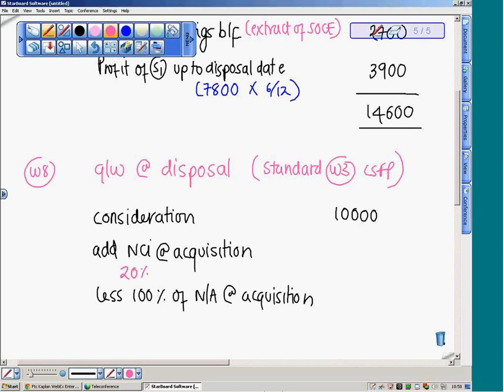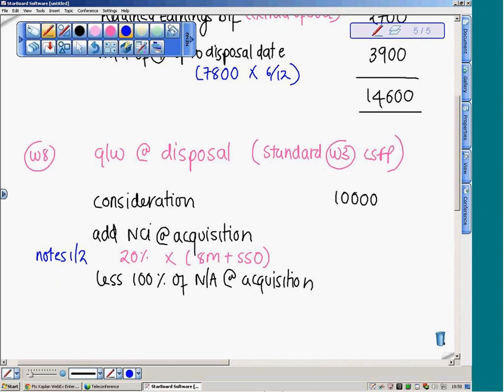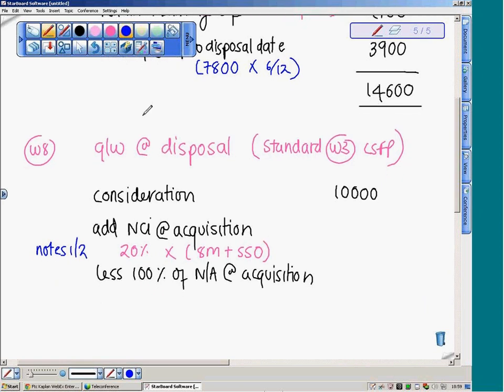So we can take the NCI percentage, 20%, multiply that by the share capital, 8 million, plus the retained earnings, the 550 that they give us in note 2. Okay, so I'm deriving all that information from note 1 and 2, the NCI percentage from note 1, and obviously the respective share capital and the retained earnings from note 2.